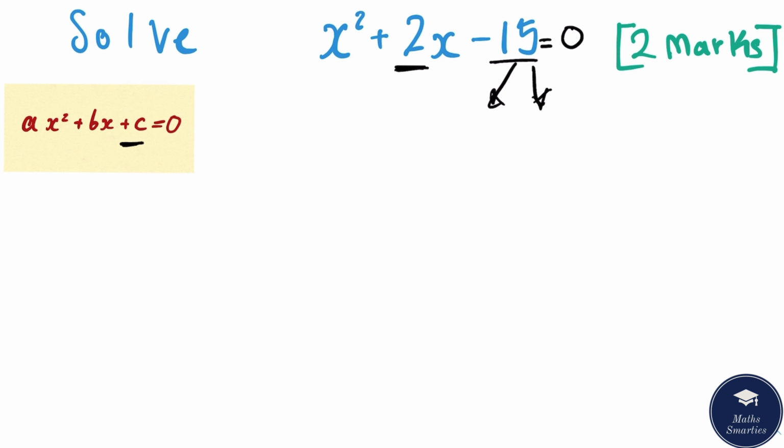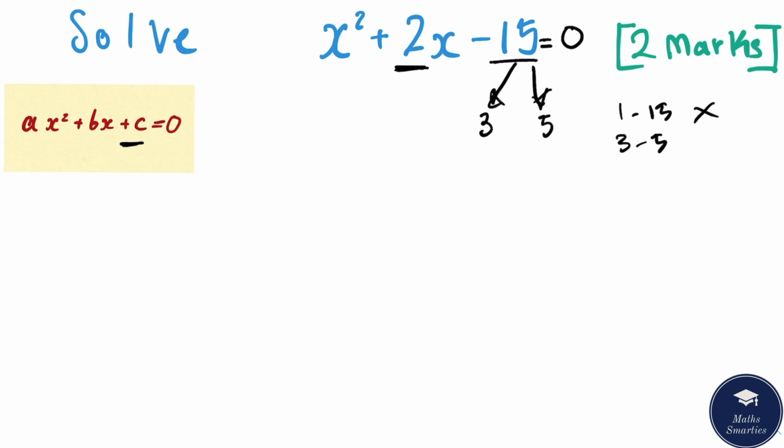Now, let's think of the factors of 15. 1, 15, 3, 5. Anything else? No. So, can I add or subtract 1 and 15 to get 2? No, that could not be. 3 and 5? Yes. 5 and 3.